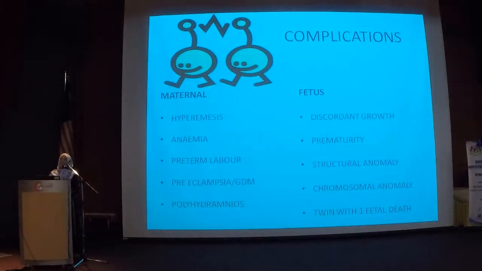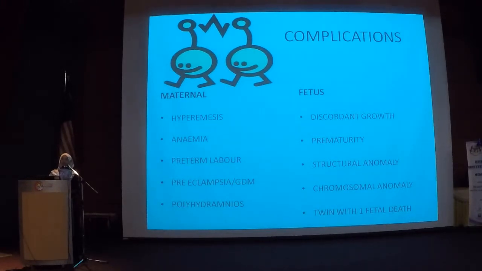Complications. Remember, we are dealing with the mother and the fetus. For the mother, because of the increased beta hCG, the mother will have hyperemesis gravidarum, usually more severe than in singleton pregnancies, anemia, and preterm labor.